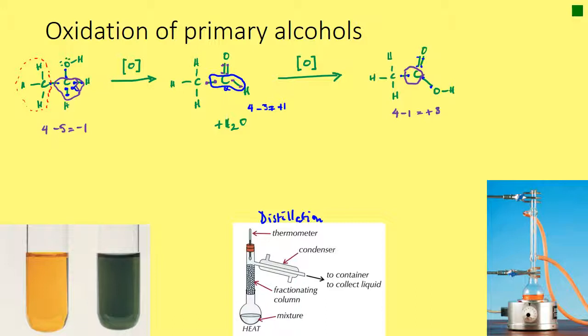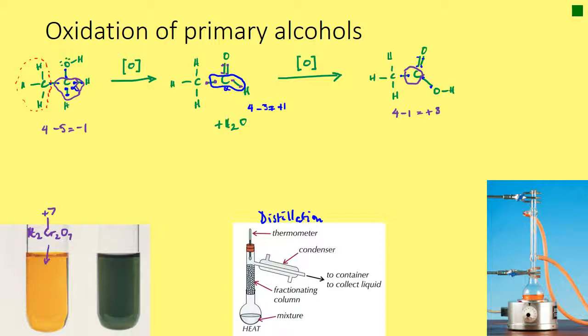And why don't we mention some oxidizing agents? We could use potassium dichromate, K2Cr2O7. In this compound, the chromium has an oxidation state of +7, and when it's +7, it has this orange color.